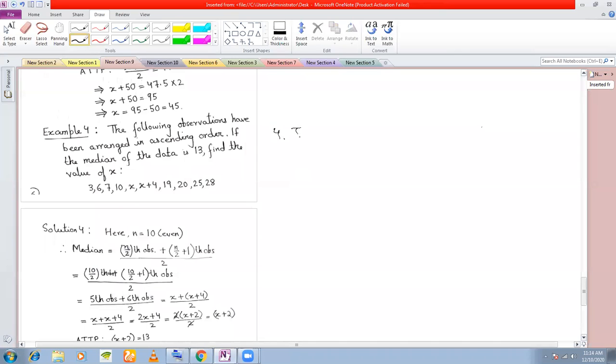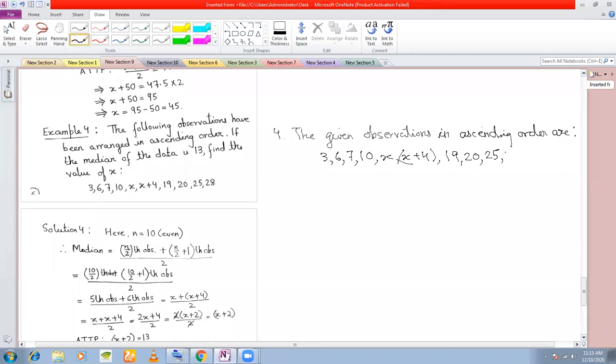So the given observations in ascending order are 3, 6, 7, 10, x, x plus 4, 19, 20, 25, 28.